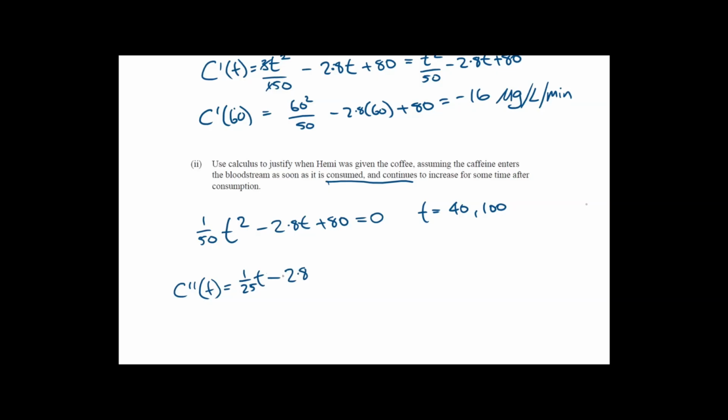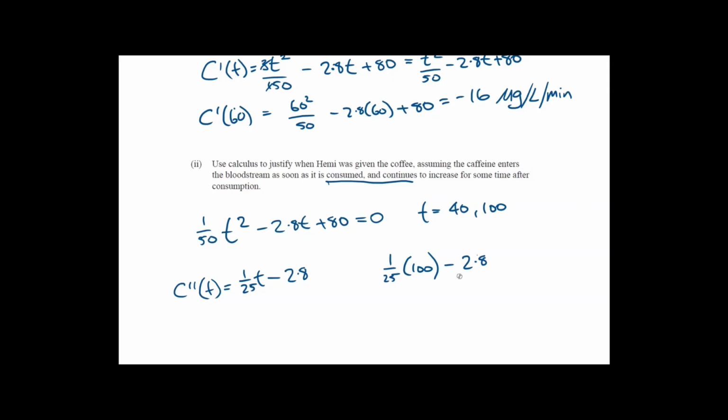If we put in 100, it's 1 over 25 times 100 minus 2.8. Is it going to be greater than or less than 0?